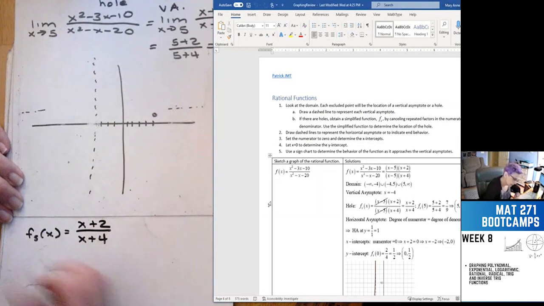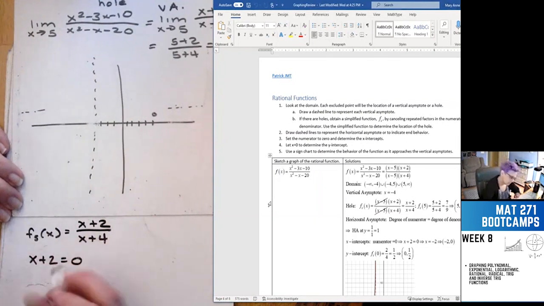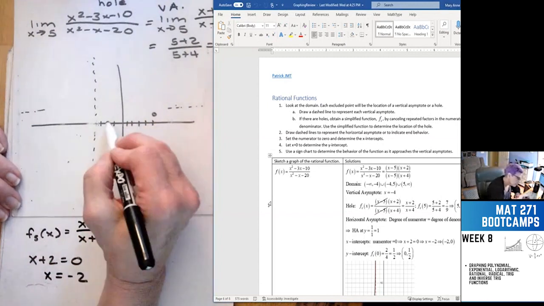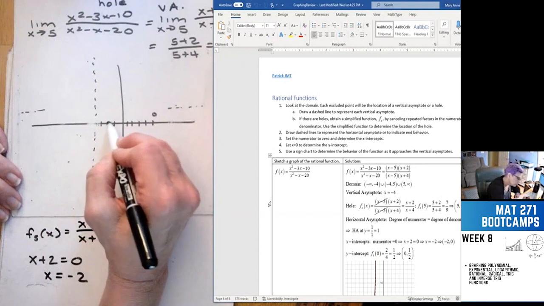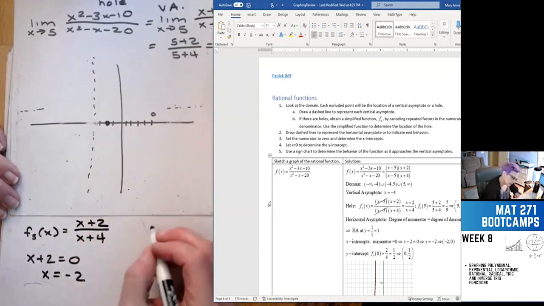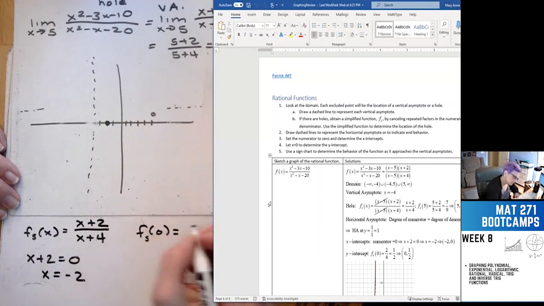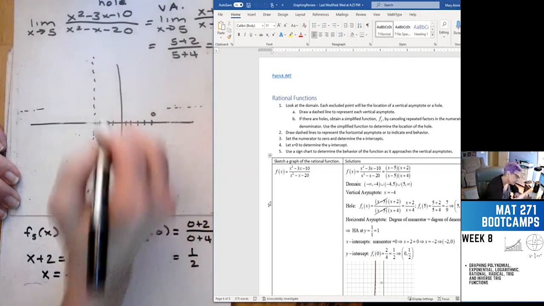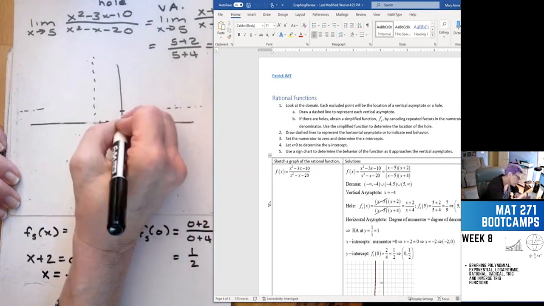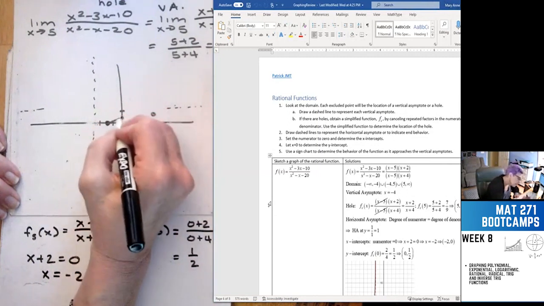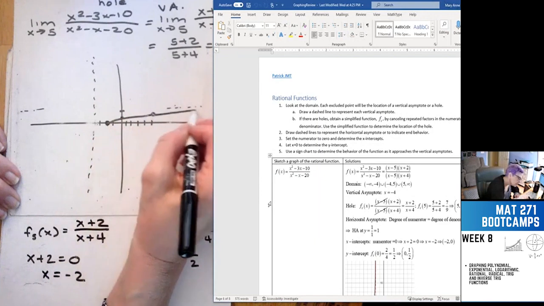So finding the x-intercepts, we set x plus 2 equal to 0. So x equals -2. And finding the y-intercept, I plug 0 in. 0 plus 2 over 0 plus 4. 2 over 4 is a half. So here was 1. And I can play connect the dots.